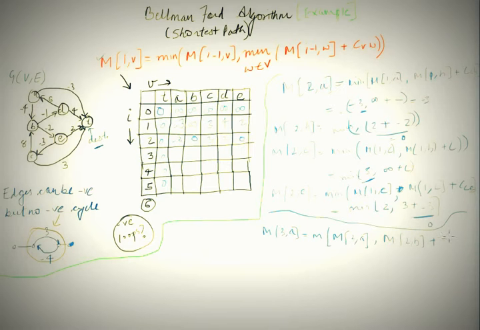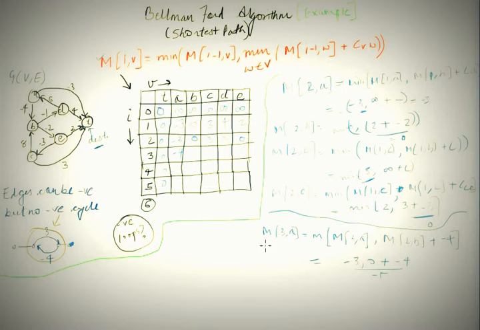Cost AB is -4. M(2, A) is -3 and M(2, B) is 0 plus the cost -4. So the minimum here is -4. This would be -4.